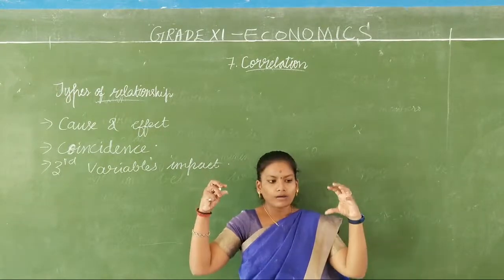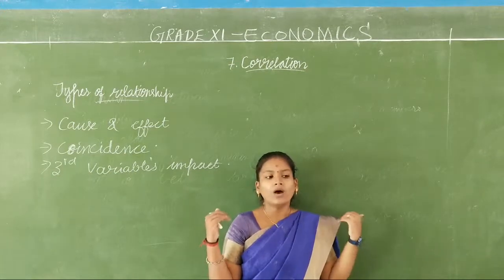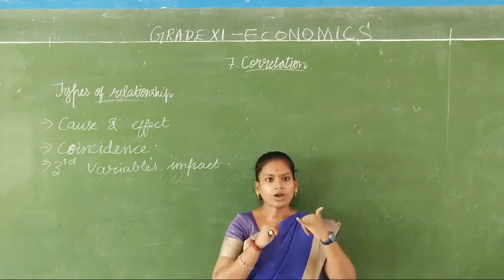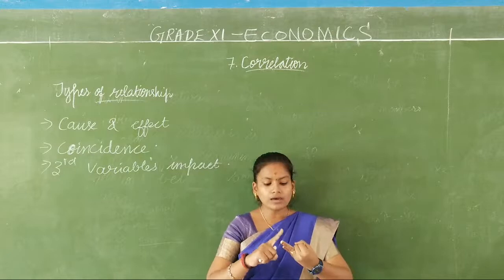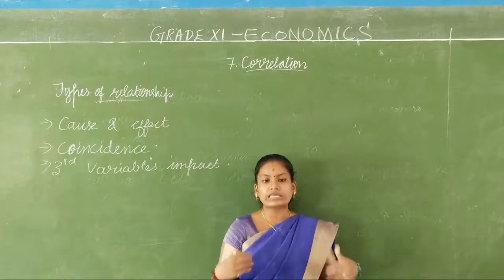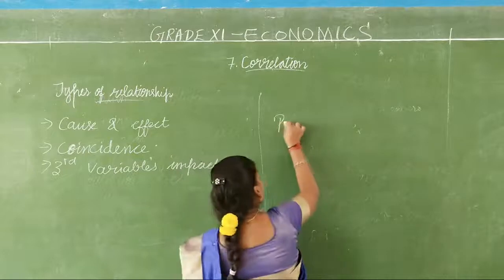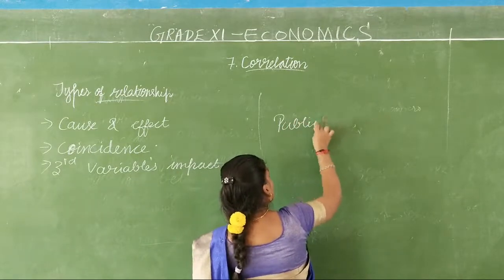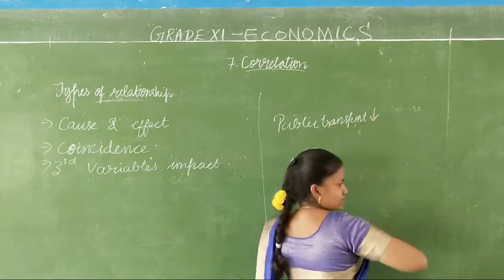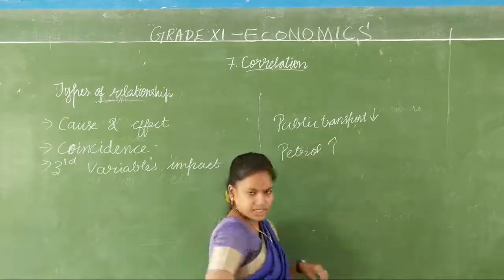So we come to know that nowadays people are not opting to go by bus, and the usage of petrol or the consumption of petrol has increased. Two things for us. One is they are avoiding public transport. Okay, public transport has become less, and one more thing is that petrol consumption has increased.